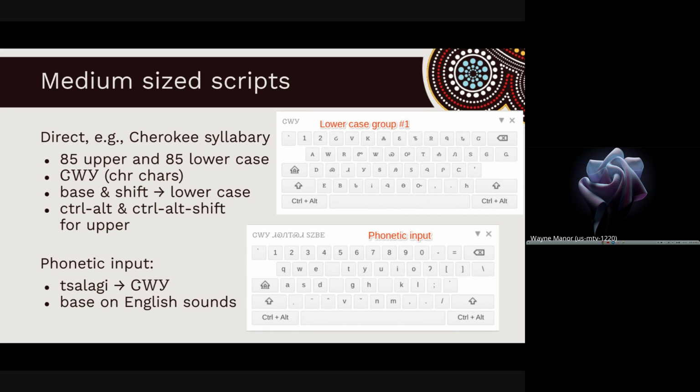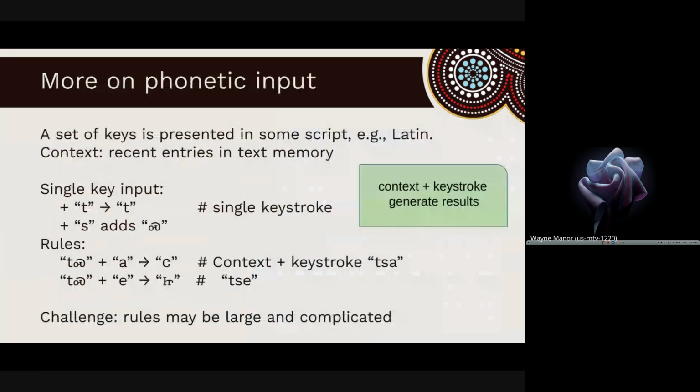Then they type LA for la, and that gives them the second character, which looks like a W. And the gi is the one that looks like the English Y. It's based on English sounds. This works very well for the Cherokee folks because almost everyone in the Cherokee Nation also speaks English. And in fact, they want to make sure that anybody who speaks English has the opportunity to learn Cherokee.